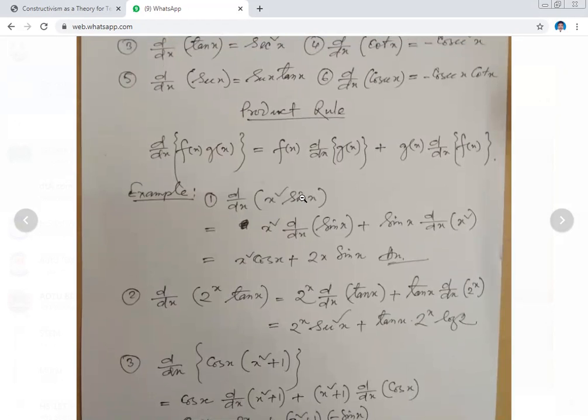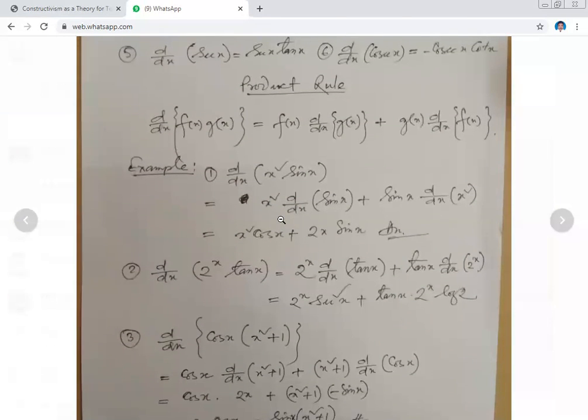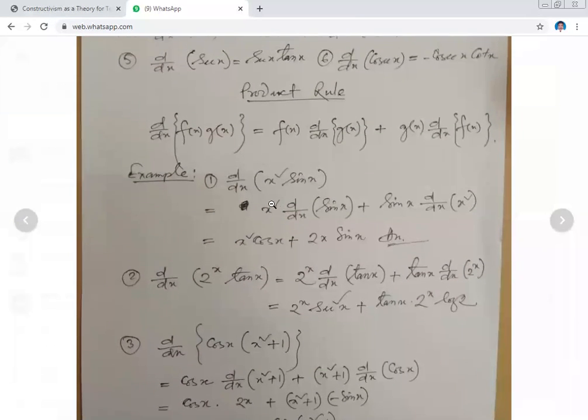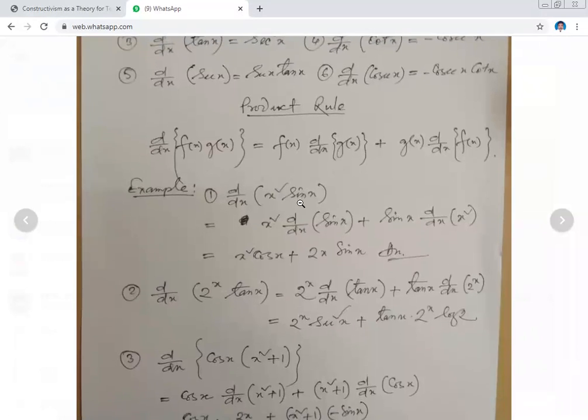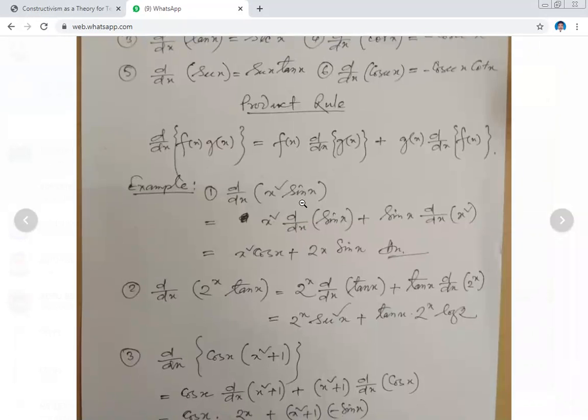So as per the product rule, we have to write the step. How will you write the step? As we got above, x square is the first function and sin x is the second function.